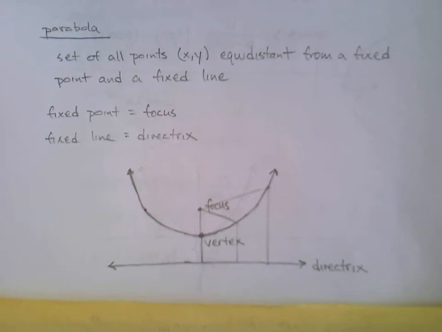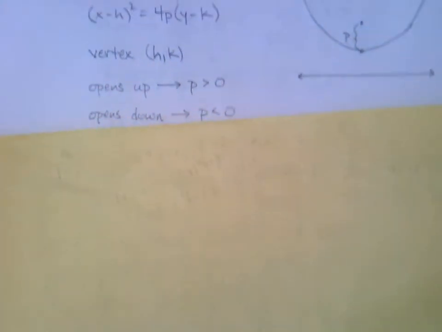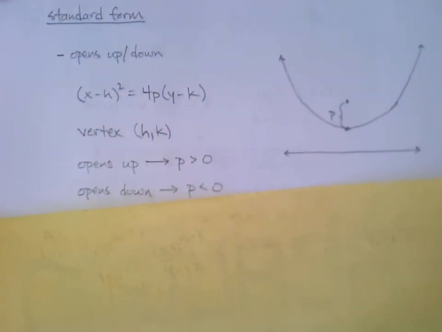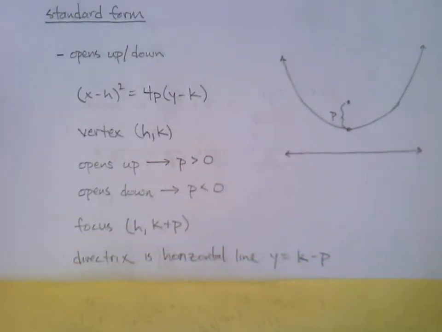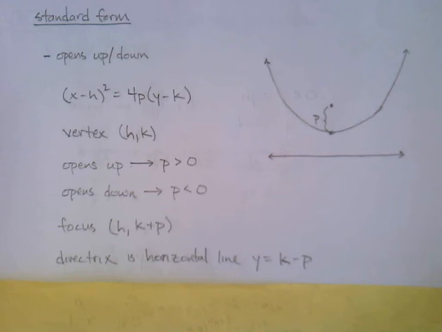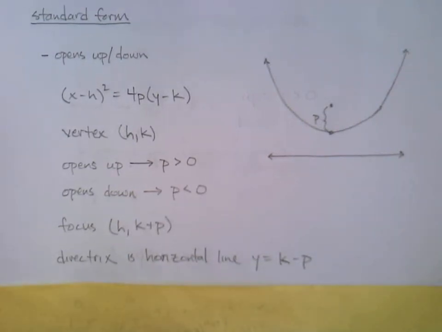Okay, so you might have seen this back in pre-calc. What are equations of the parabola based on that definition? We need to consider two cases. The first is if the parabola opens either up or down, so you might say opens vertically.